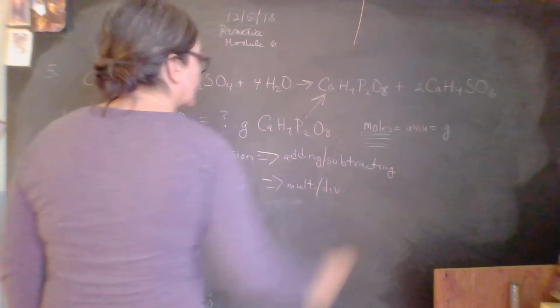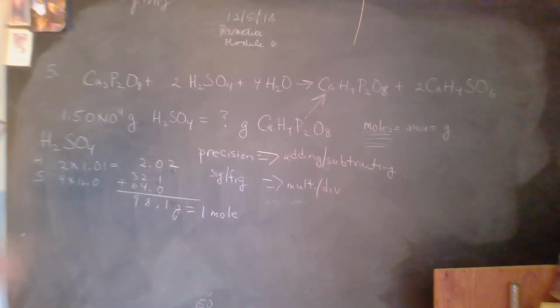How many moles is that? I'm still working just with my H2SO4. I haven't moved on to my fertilizer yet. So I have 98.1 grams per mole, or 1 mole per 98.1 grams. What am I going to do with this information?